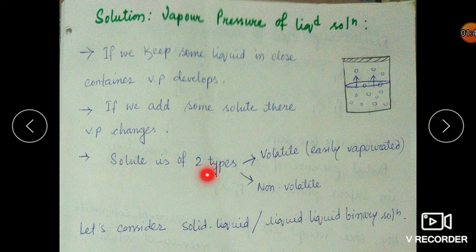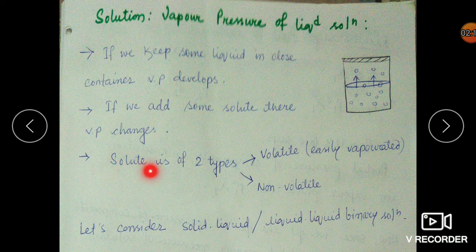Now solute is of two types. One is your volatile solute, that is easily evaporated, for example alcohol, ether, petrol. Non-volatile solutes are, for example, sugar. When you dissolve sugar, sugars are not volatile, so they will not go to the vapor phase. Then salt, etc. Now solute, whenever you are adding in the liquid, is of three types: solid, liquid and gas.